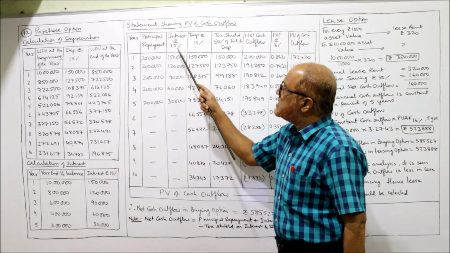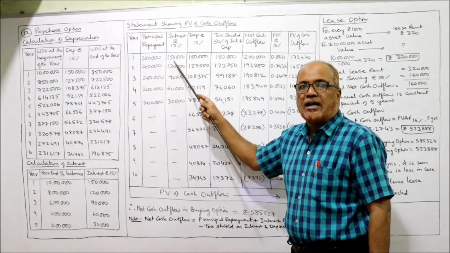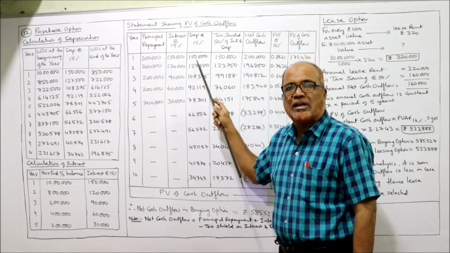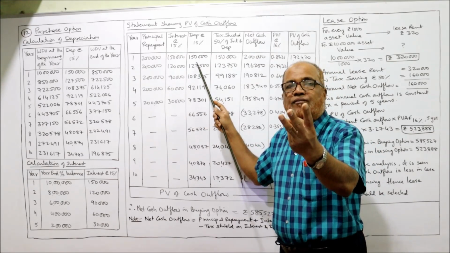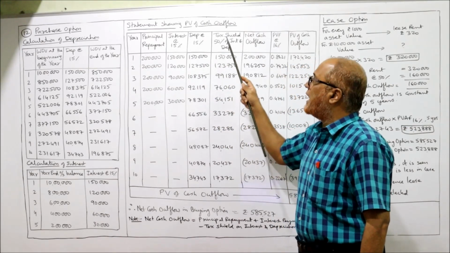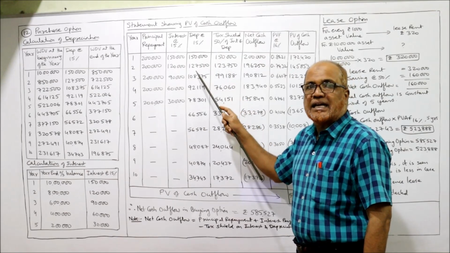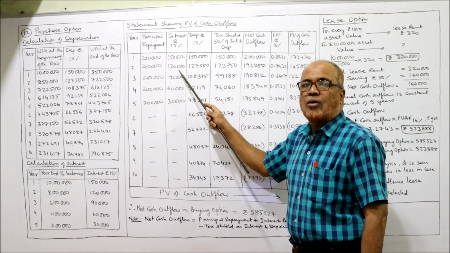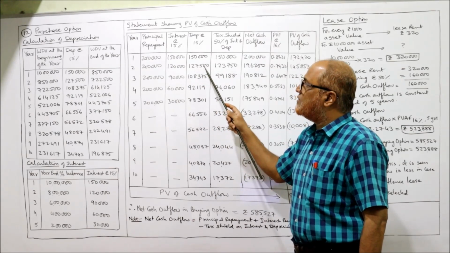See here, interest 1,50,000 and depreciation 1,50,000. Take the total, 1,50,000 plus 1,50,000, 3 lakh. 50% of 3 lakh is 1,50,000. So tax shield 1,50,000. Second year, what is the interest? 1,20,000. How much depreciation? 1,27,500.